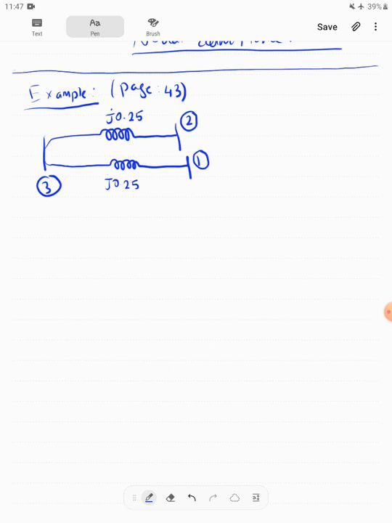We note that these are in per unit quantities, and these numbers represent line impedance. What about mutual impedance? The mutual impedance information is given like this. These are the dot locations, and the mutual impedance between these two transmission lines is given as 0.15.